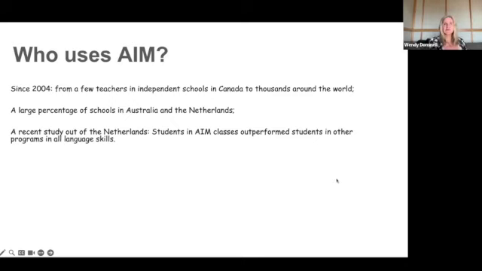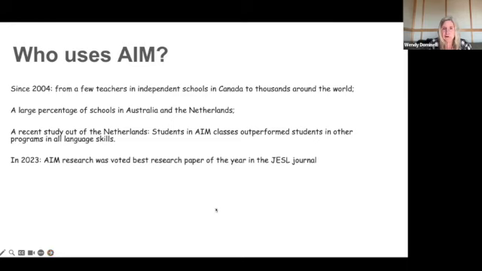So University of Groningen up in the north decided to do a long-term study, and they discovered that AIM students outperformed students in all the other most popular language programs in that country in all language skills. And in fact, this research in 2023 was voted the best research paper of the year in the JESLA journal, which is lovely because a lot of people, I suppose, found out about AIM that way.